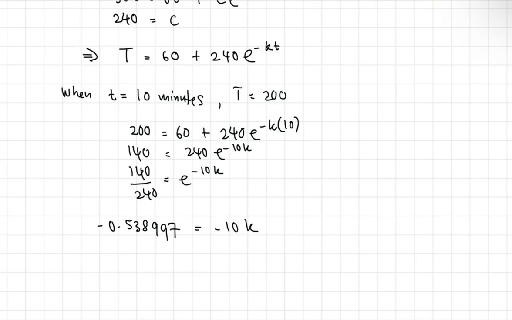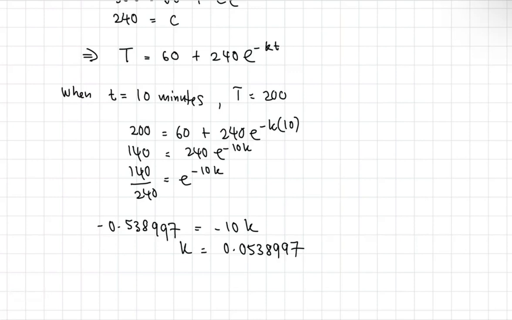So to find the value of k, divide by negative 10, so k equals 0.0538997. I just take about 7 decimal points. It's better you take more decimal points if you can.